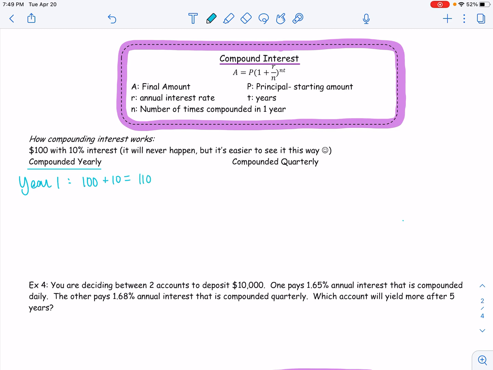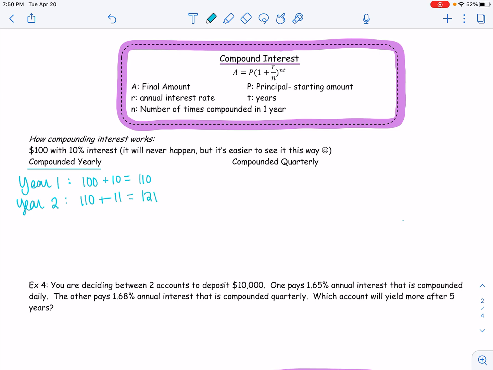So then year 2 rolls around. Now, year 2, my starting amount is $110 plus 10%. What is 10% of 110? Well, that's $11. And so at the end of year 2, I'm going to have $121.